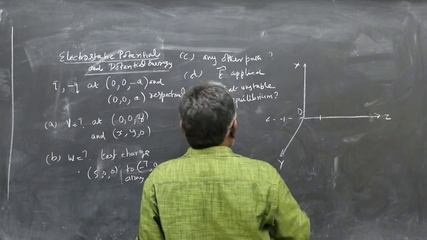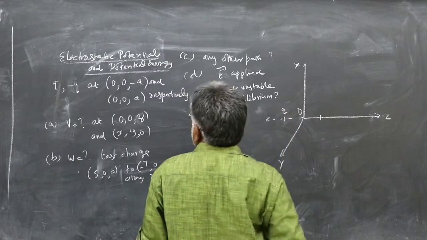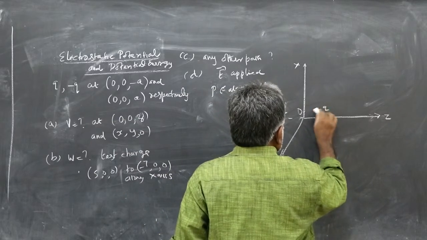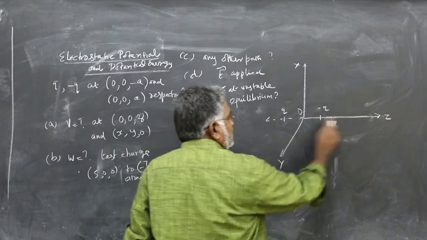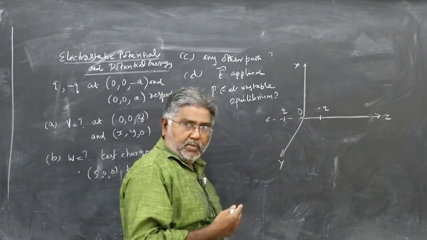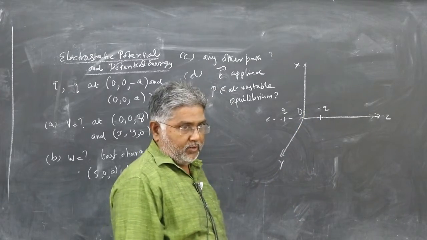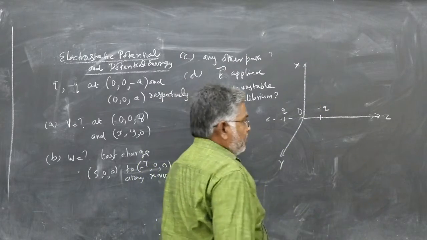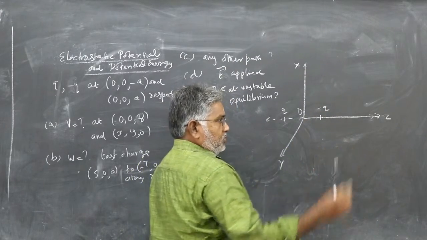Plus Q at 0, 0, minus A. This is plus Q. Minus Q at 0, 0, plus A. This is minus Q. This is the Z axis, this is the X axis, this is the Y axis. It's a three-dimensional way of showing things. The plane of the diagram is the XOZ plane. The Y axis is towards you.